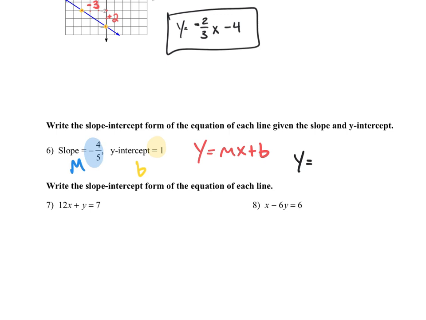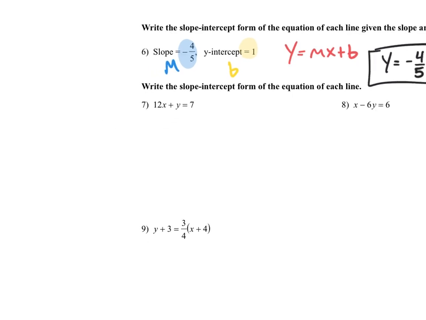So you would get y is equal to negative 4 over 5x plus 1. Was that too quick? Feeling okay? All right.